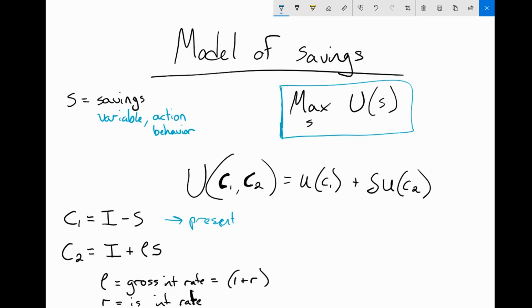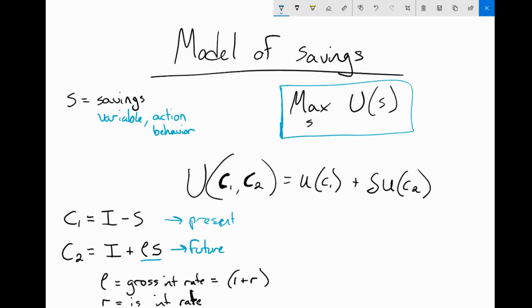The more that they save, the less that they can consume in the present. Okay, and then in the future, they get to spend their savings, plus any return on that savings. Okay, so then these are the consumptive decisions.